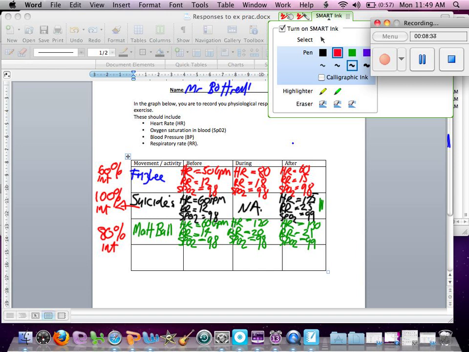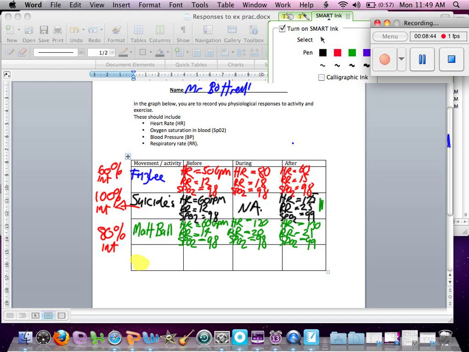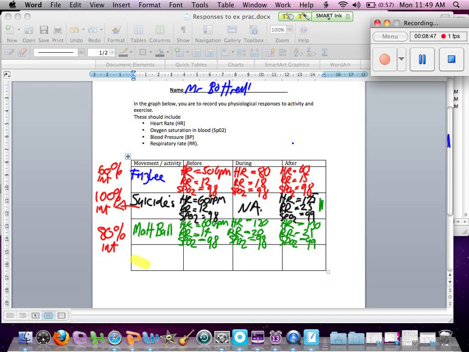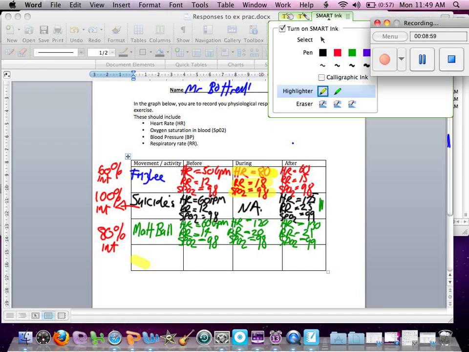Well, if I can change my colour of my pen to a highlighter, let me see. Cool. The ones that are lowest are these ones. They're all quite low for an activity. Does that make sense? Why are they lowest? They're lowest because it's a low intensity activity.